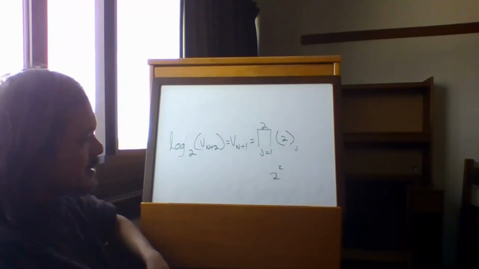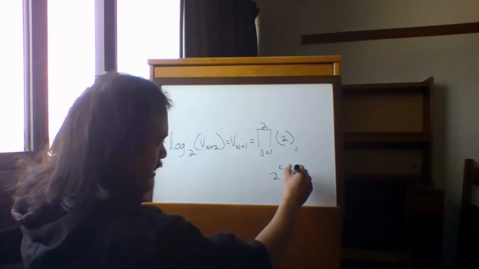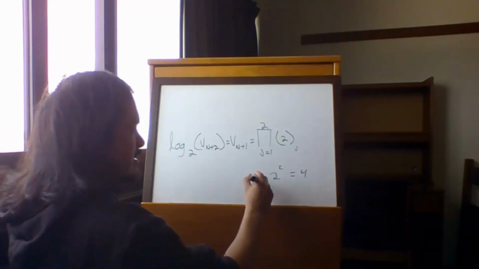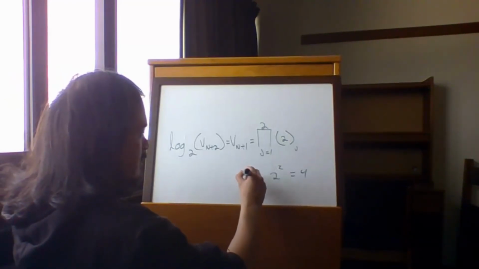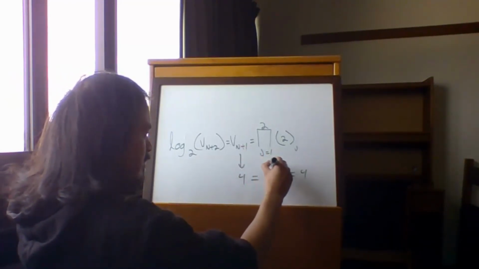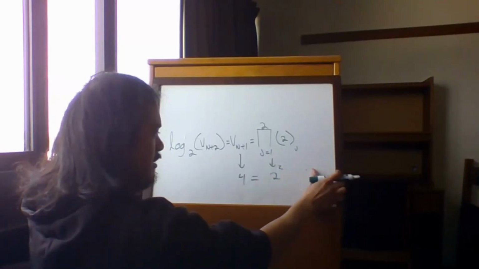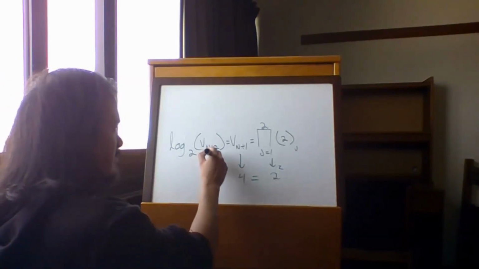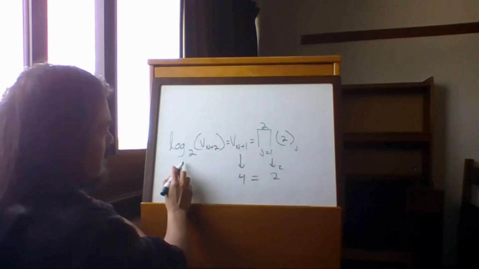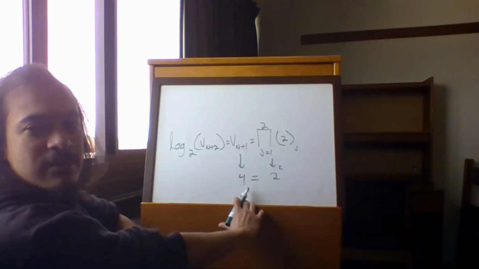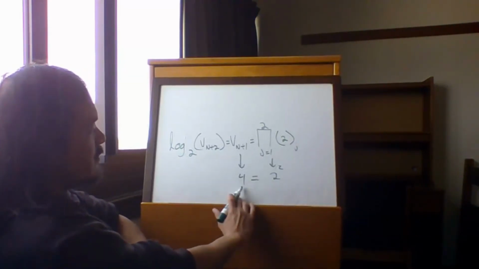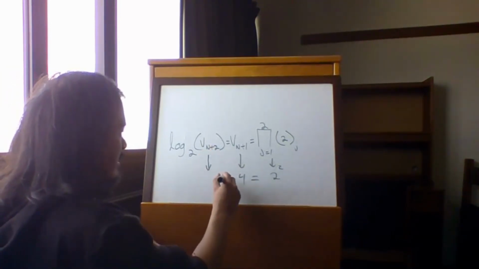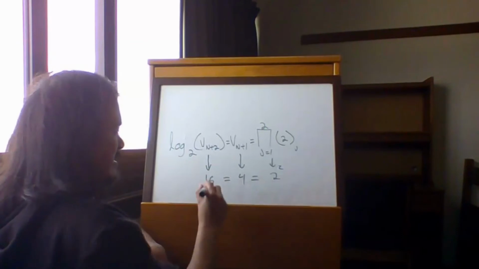Well, 2 squared is 4, which means over here is 4. Okay, well, what's this right here? What's 2 to the 4th power? 2 to the 4th power is 16, which means this was 16.